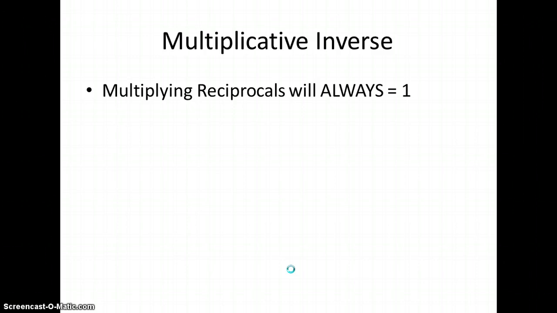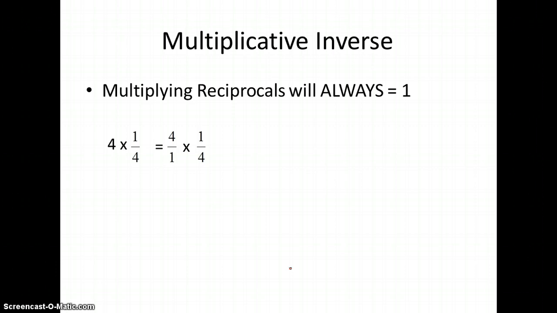Multiplicative inverse tells us that when I multiply reciprocals, and remember, reciprocals are when I take a fraction and take its flip, I will always get 1. And let's look at some examples. 4 times 1/4. Remember, 4 is actually a fraction.